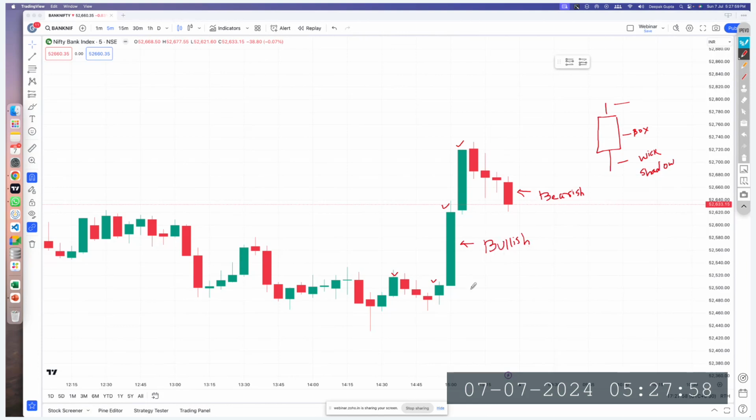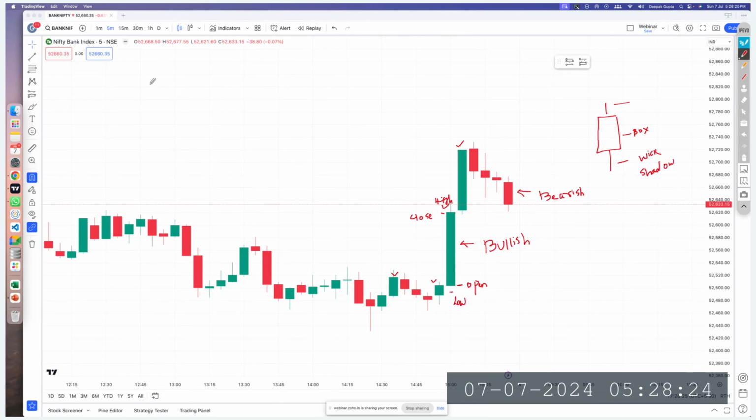So when the candle is green, the open of the box is the open price. The end of the box is the closing price. The wick on the top is the high, and the wick on the bottom is the low.